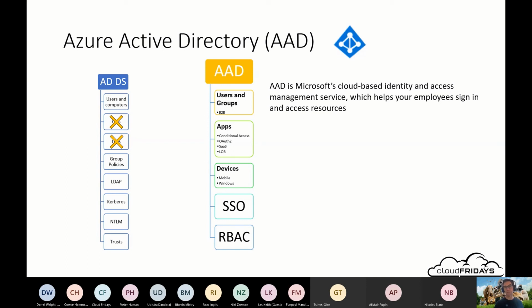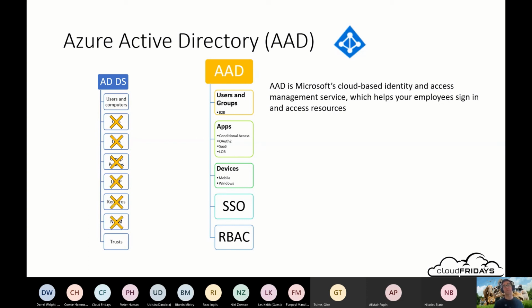Azure DNS is a completely separate thing, but in Azure Active Directory, you don't really have access to DNS and you can't control the zones. You don't have group policies, and so there is management of devices in Intune, for example, but you don't have the granularity of GPOs.